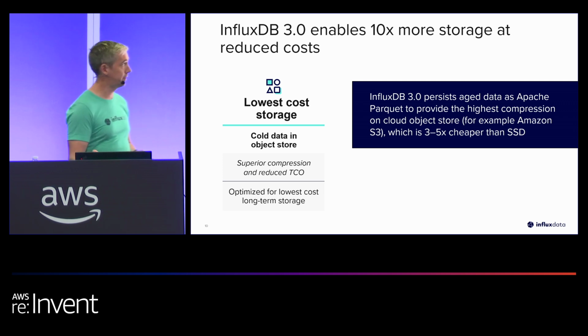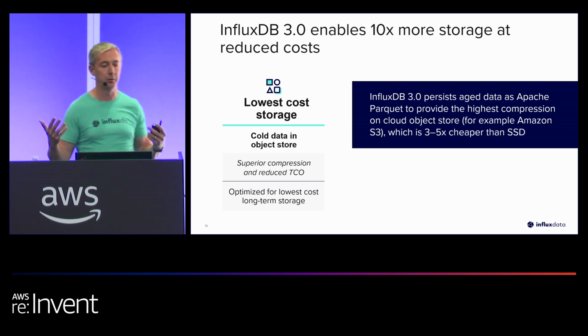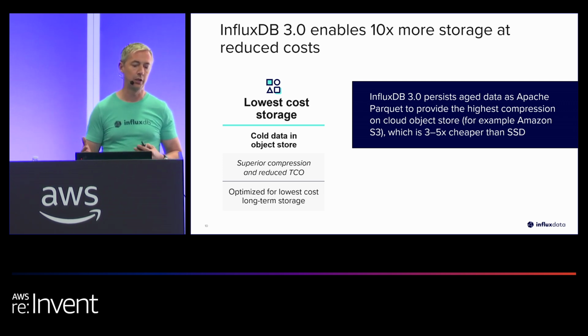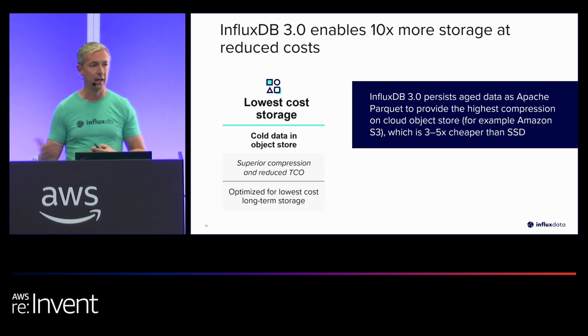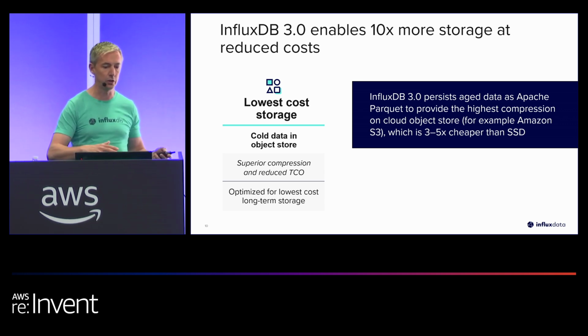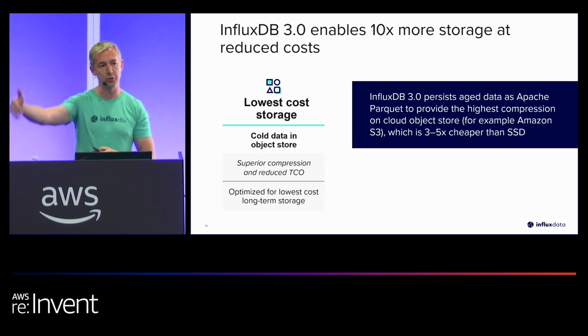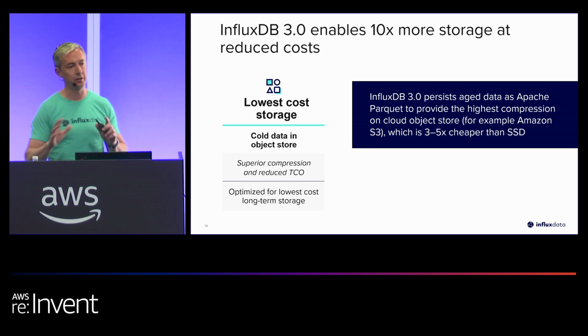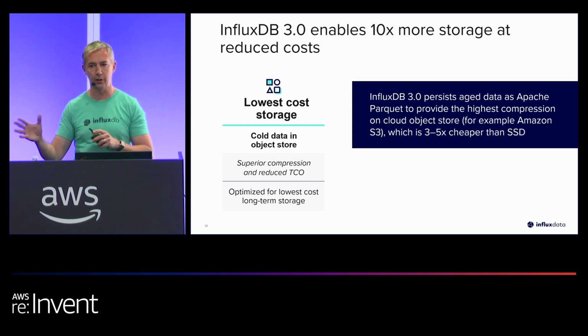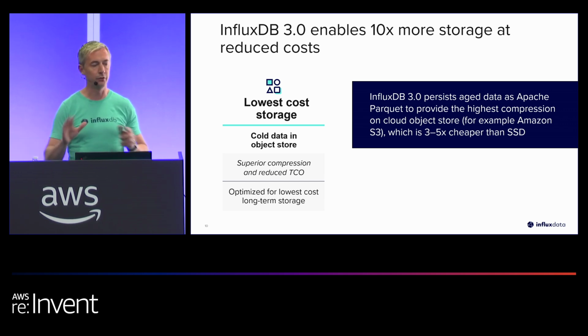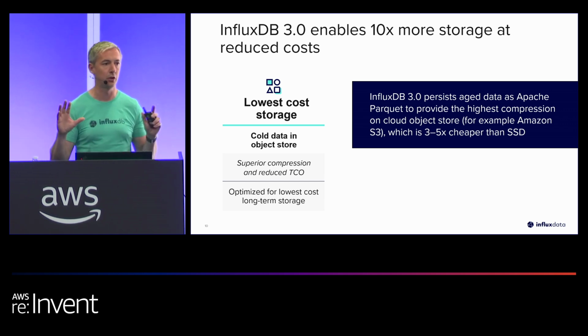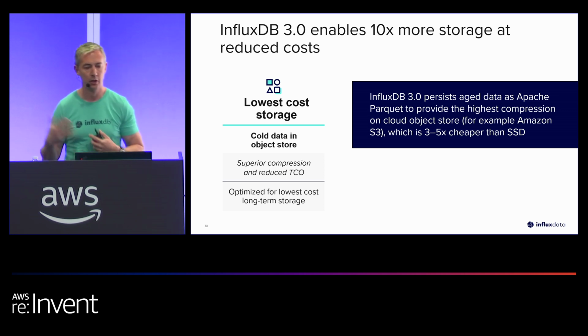Now, the thing we like to talk about with 3.0 is that it enables massively more storage at reduced costs. And the reason for this is, as I mentioned, we use Parquet as the storage format, and we use object storage on the back end. So for us, the differences between version 1 and 2 of InfluxDB and version 3: in version 1 and 2, they're built around our own custom storage engine called TSM.